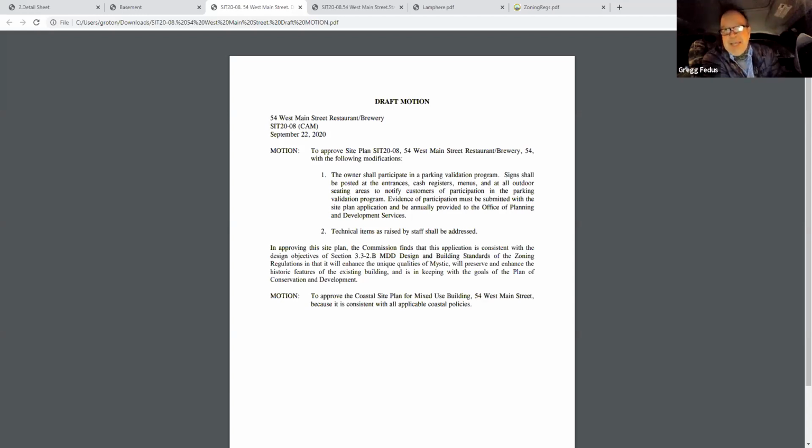Validation works great if people buy into it. Some restaurants in town do buy into it, others don't. I think the Oyster Club is probably the highest validator in downtown. It works great. People love it for $2 or $3 off for parking. They're ecstatic.